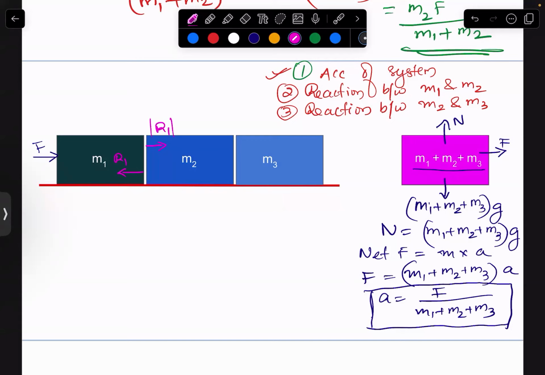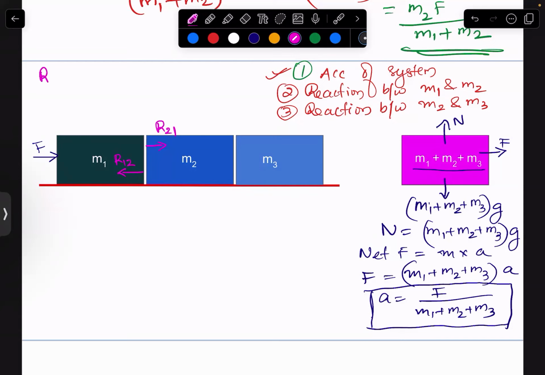So actually, to reduce the confusion, I will write it like this. First, this is R21, the reaction force on 2 due to 1. And this is R12, the reaction force on M1 due to M2, right?